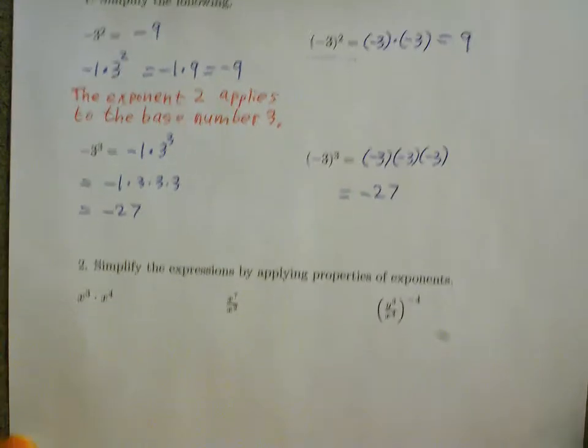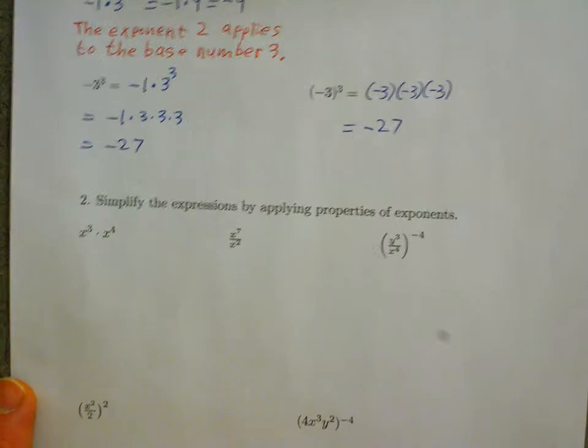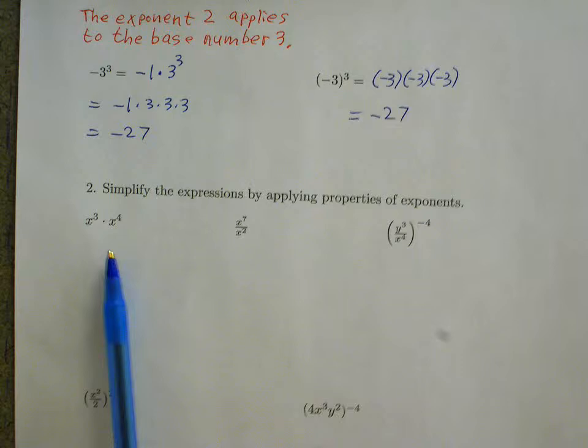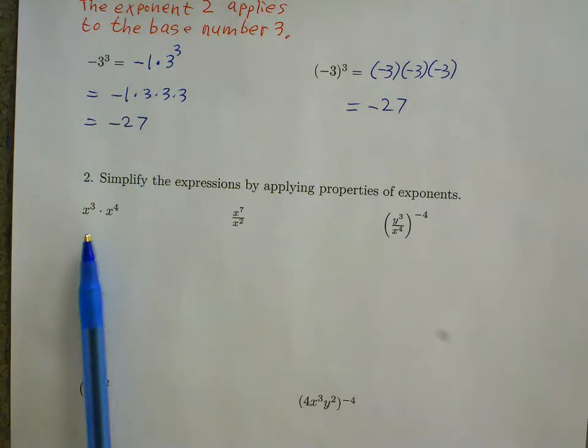Okay, we'll apply the properties to expressions with variables instead of just numbers. But the properties themselves have variables in them. So these won't be too bad. So this one, simplify x to the third times x to the fourth.